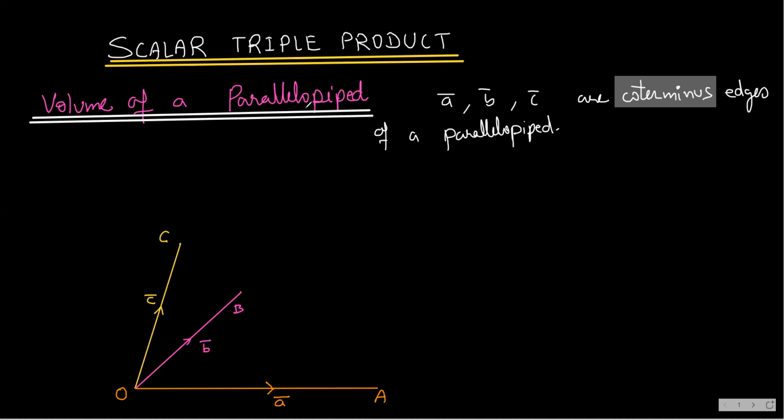Now, these three vectors which you see here are the coterminous edges of the parallelepiped. But where is the parallelepiped? Do not worry, it will now come. These are the three vectors, and now I'm going to get you the parallelepiped.